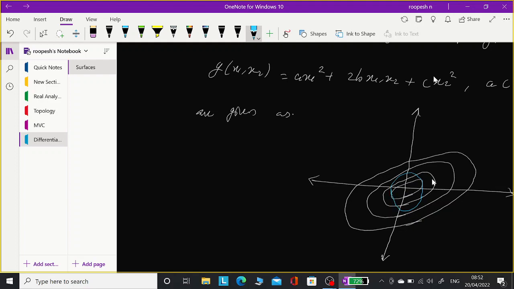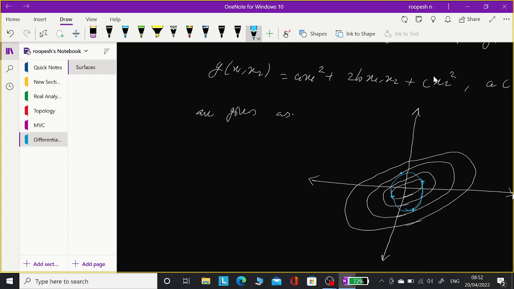Suppose I am getting a circle like this. So we will get some intersecting points here, here, here, and here, right?